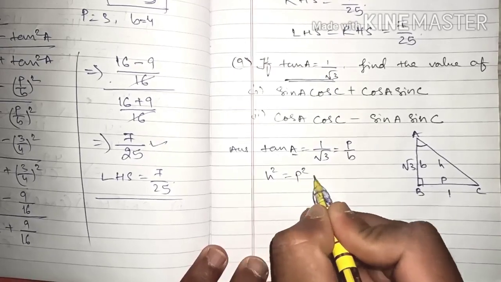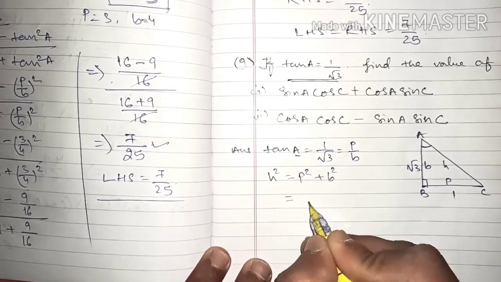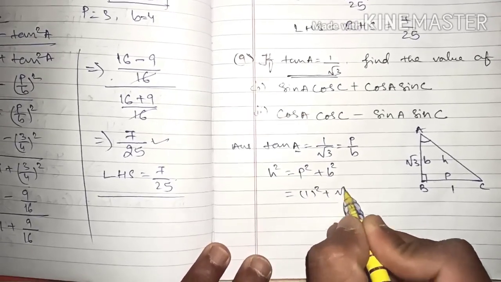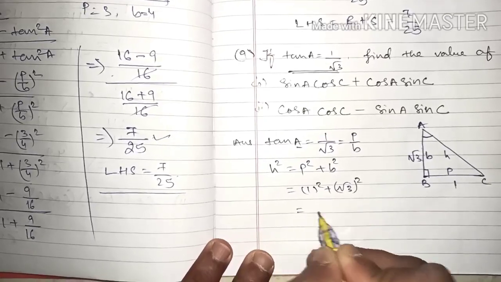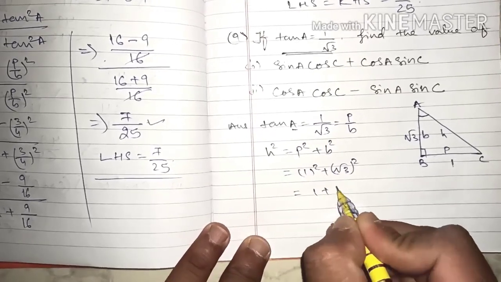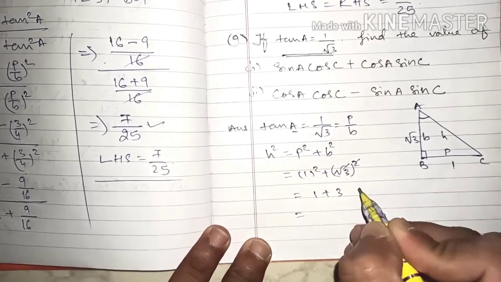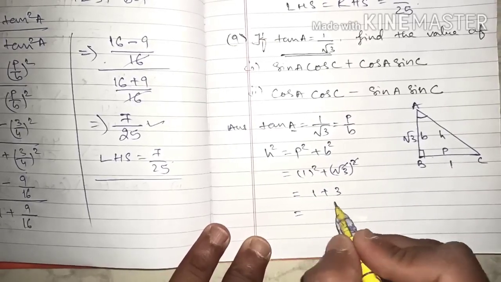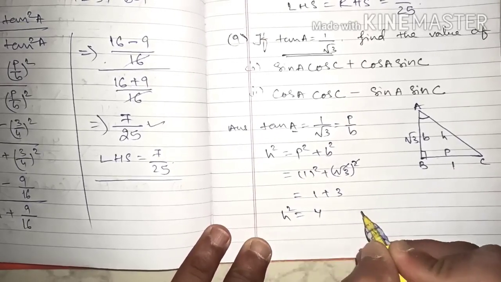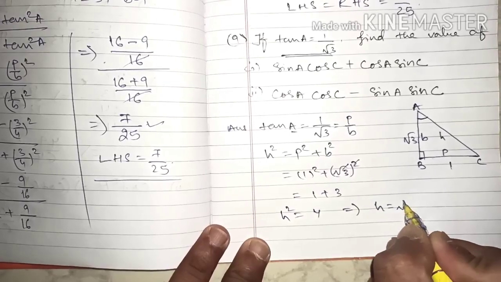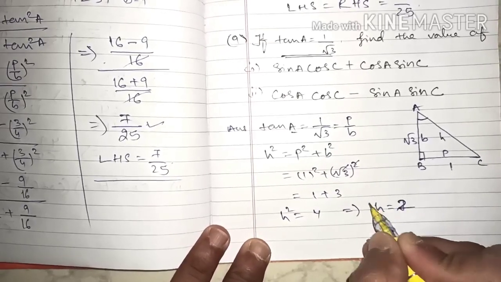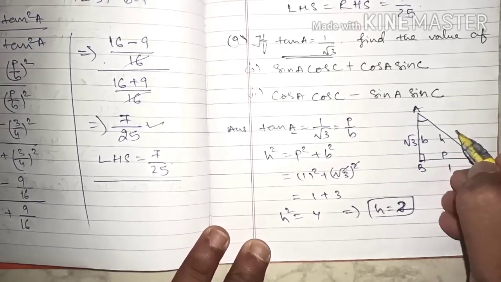H square equals P square plus B square, 1 square plus root 3 square. 1 plus 3, the square and root cancel, so only 3. 1 plus 3 is 4. H square equals 4, H equals 2. So the value of H we got is 2.